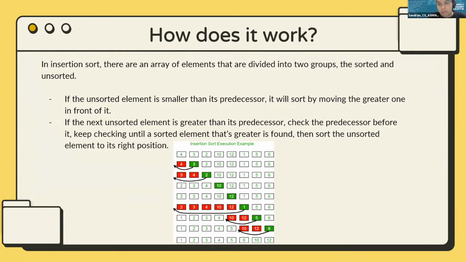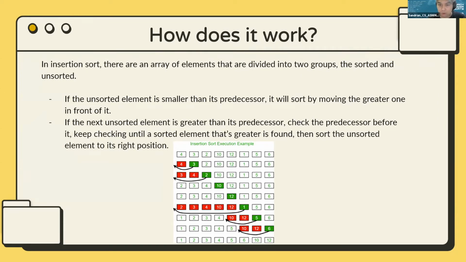In the middle of the array, for example, what differs this from other sorting algorithms is that not only does it check the predecessor behind the unsorted, but it keeps on checking literally everything behind it. So say in line 5 of the example in the image, we have the value 1.